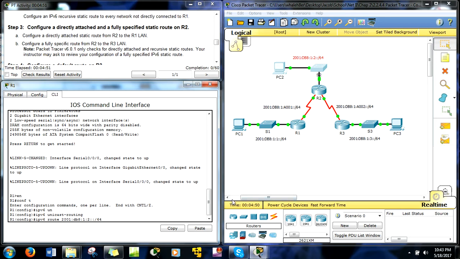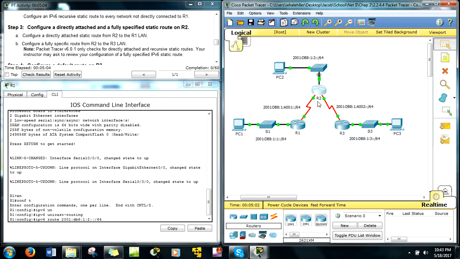Okay. What are we doing? So for a recursive static route, we have to use the next hop router interface. If we're on R1, we're going to be going to that interface on R2 to get to this network. So what is the address there? DB8.